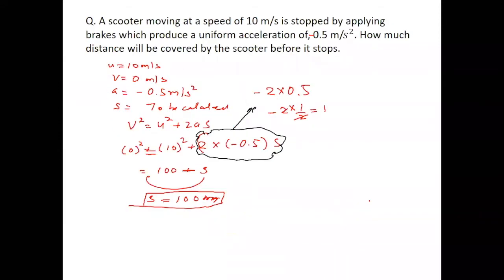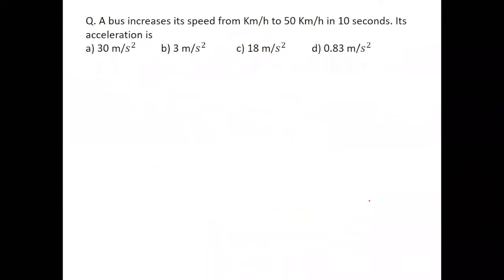Okay, then we will go with the next question. A bus increases its speed from 20 kilometer per hour to 50 kilometer per hour in 10 seconds. Find out its acceleration. We have already calculated in the previous question, it is a typical question.